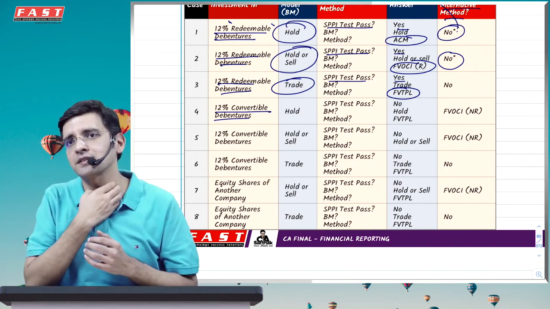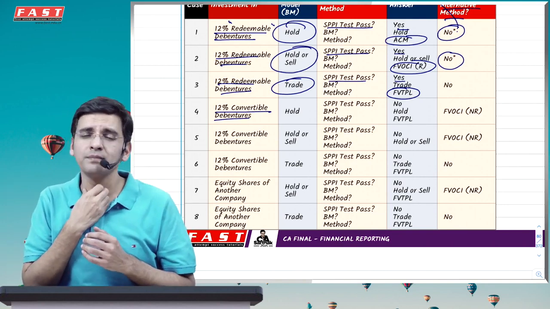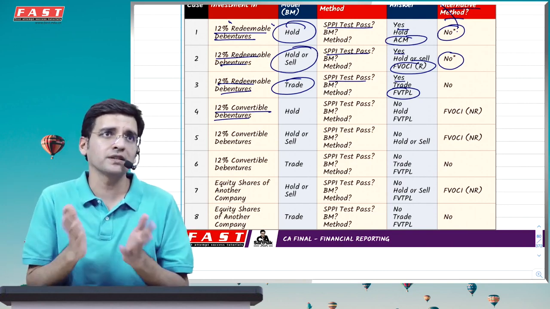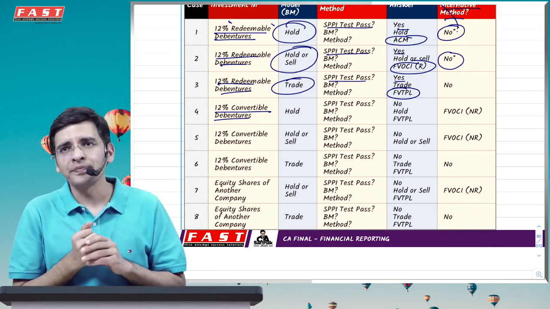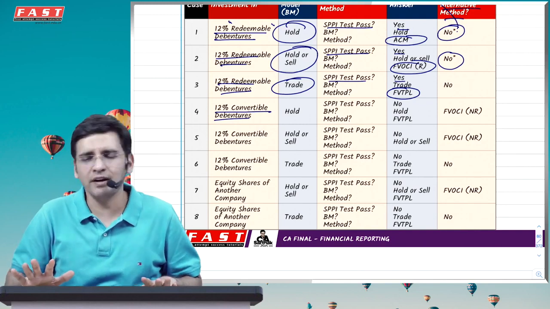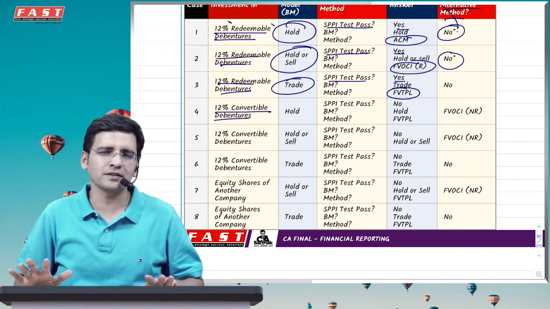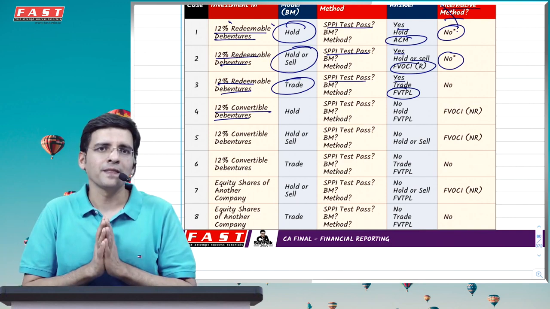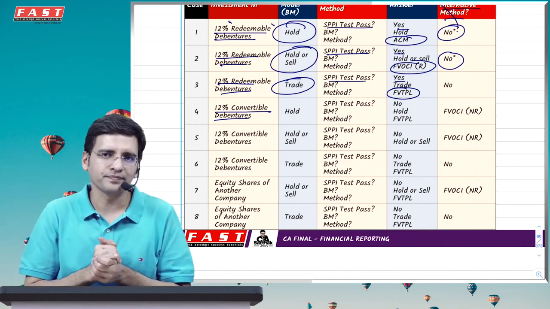So that means this is not something which you are buying because you are just interested in interest. Look, what is the logic? I'll just give you the logic. If you're only interested in principal and interest, that means your money back with interest, then you would have taken an FD or a redeemable debenture or something which gives you your principal and interest back. In these cases, you can avoid the fair values.